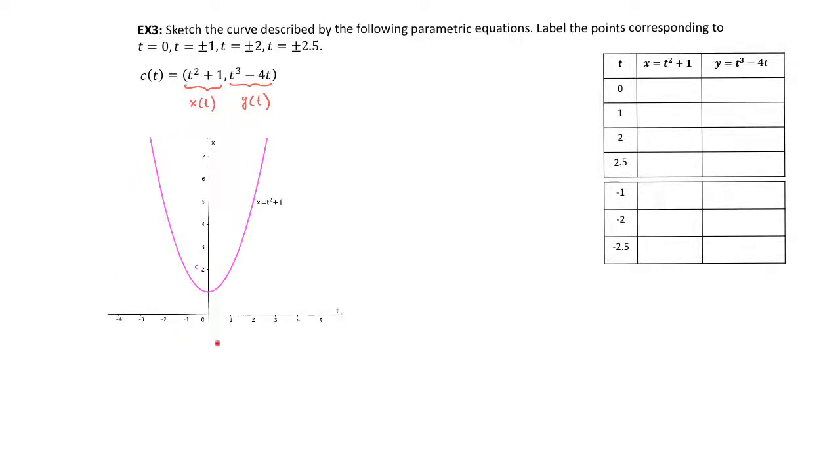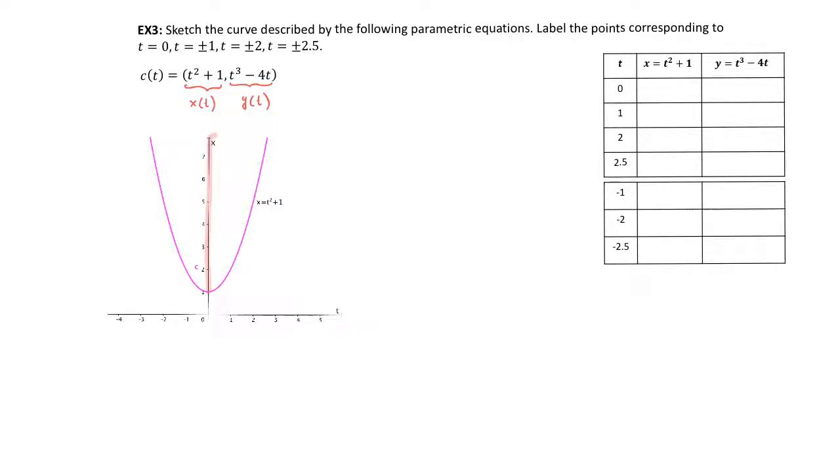Here I have the graph for x of t. So the graph here is a parabola, and that's because x of t is t squared plus 1. Notice again how I positioned t along the horizontal axis, and then x goes along the vertical axis. So what I notice immediately is that the x values will go as low as 1, and then they will grow all the way upwards.